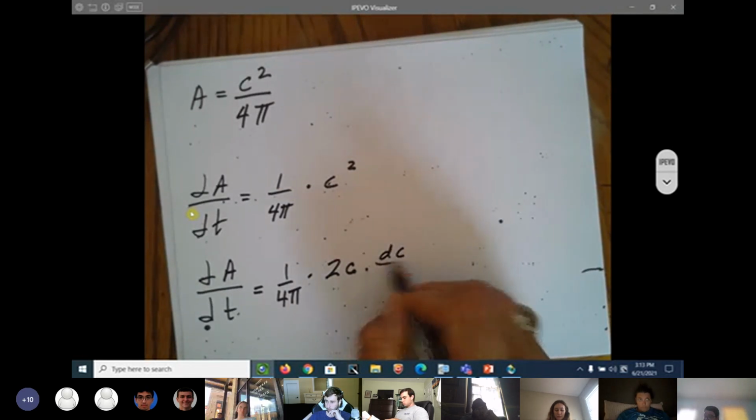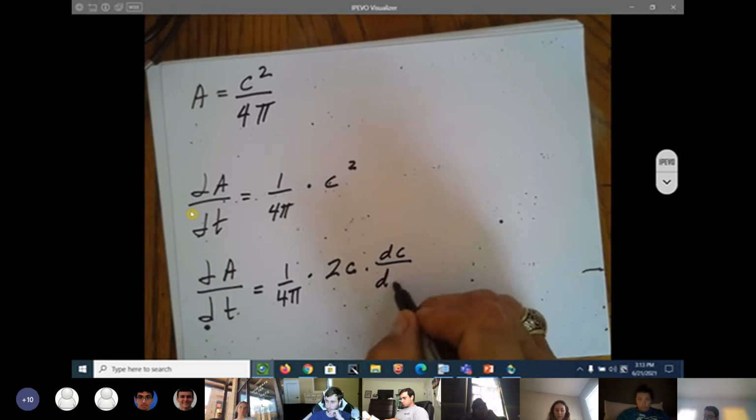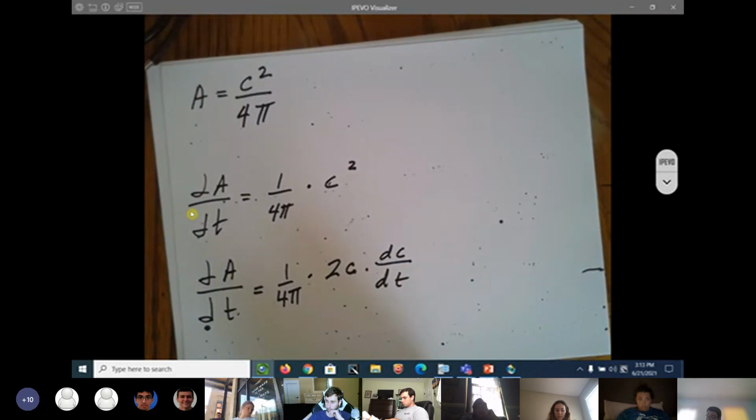The change in circumference over the change in time. And I think our c is equal to 1.